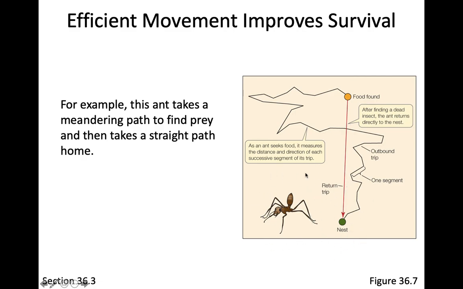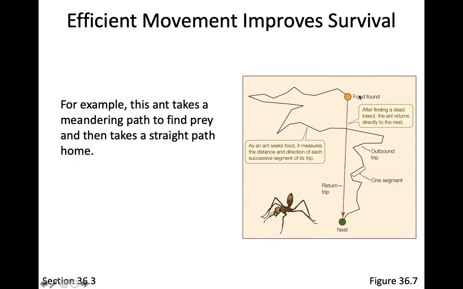Now, most animals that forage for food do the same thing. They will leave wherever they're sleeping at night or their nest or whatever it happens to be, and they'll kind of just meander around in the environment just a little bit until they find some food. Now, you don't know where you're looking for food, but it's not that big a deal to just kind of stumble around and look for it.